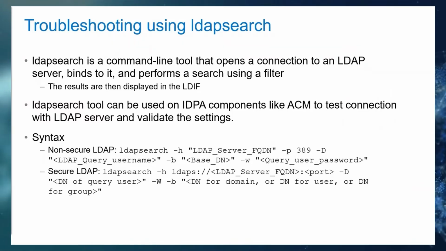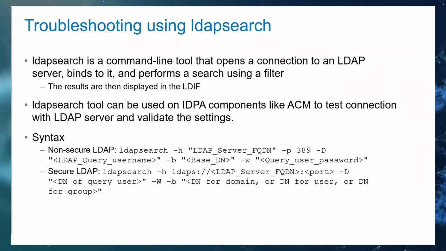So basically, ldapsearch is a command line tool that opens a connection to an LDAP server, binds to it, and performs a search using a filter. The results are then displayed in the LDIF format, or LDAP Data Interchange Format. The ldapsearch tool can be used on IDPA components like ACM, DPC, Search, Avamar, etc. to test connection with the LDAP server and validate the settings.